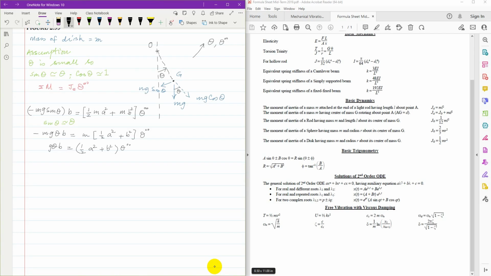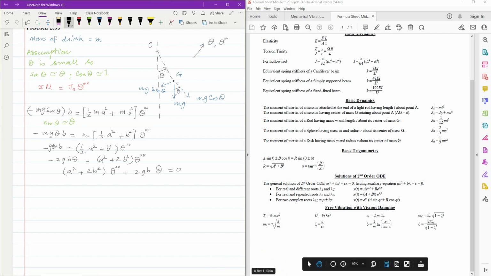Then I can multiply both sides by 2 to get rid of the denominator, so 2 g b theta is equal to a squared plus 2 b squared into theta double dot. It becomes a squared plus 2 b squared times theta double dot, plus 2 g b times theta equal to 0. So that is the equation of motion.